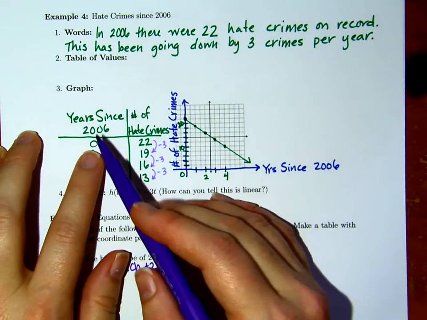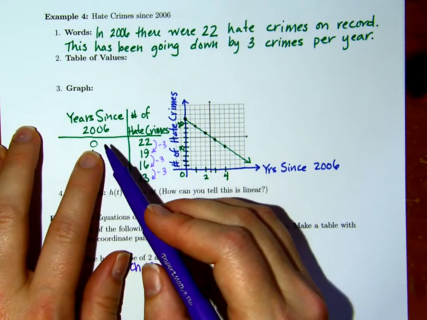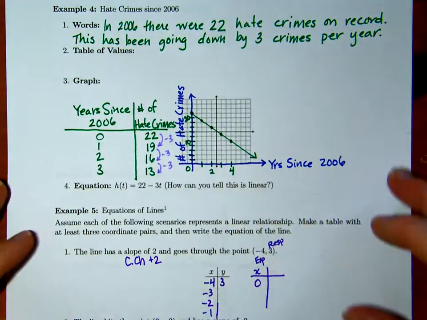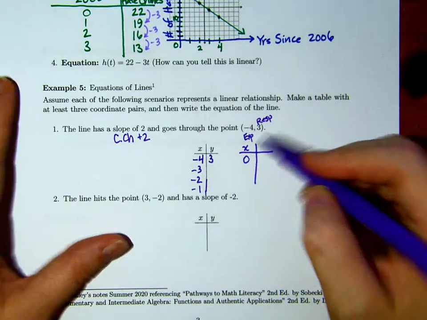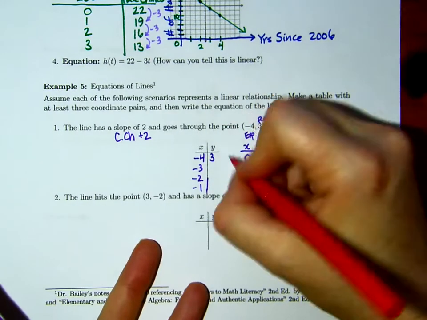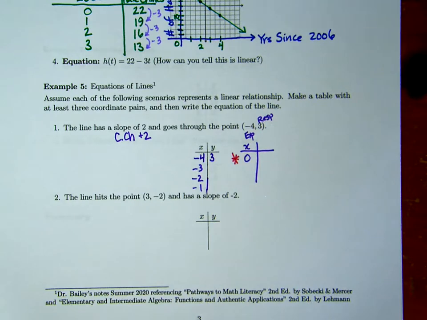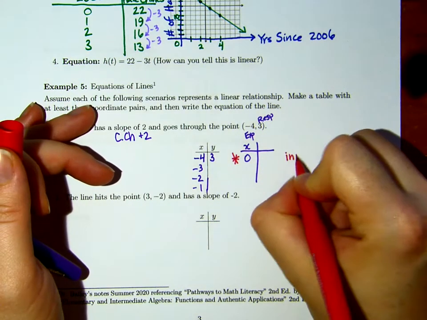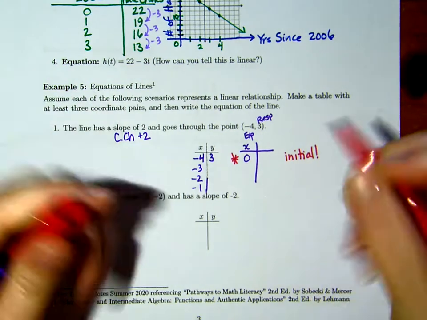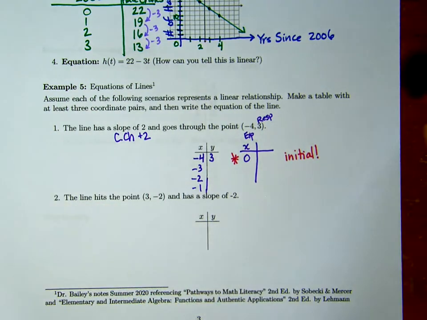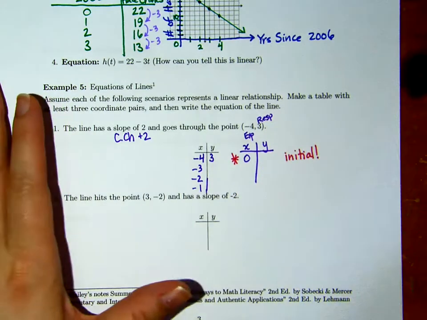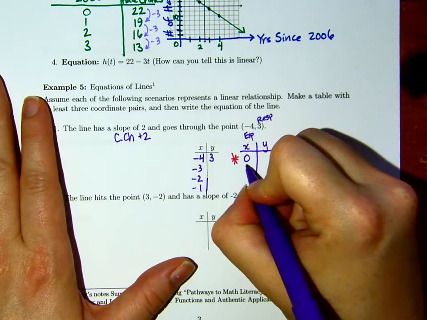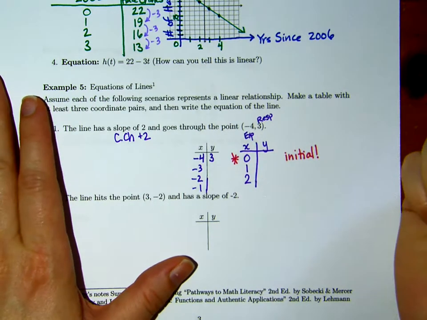For instance, when it was 0 years since 2006, there were initially 22 hate crimes. So this is my goal, because then I will know that the corresponding y value will be where it started and then proceeded with this pattern. I'll just put on a couple more just so that we can see this pattern.